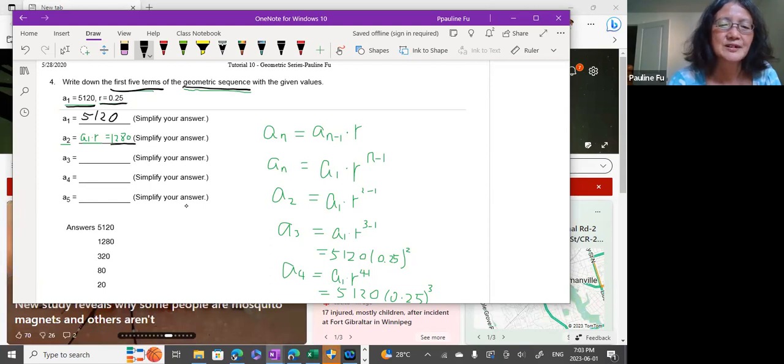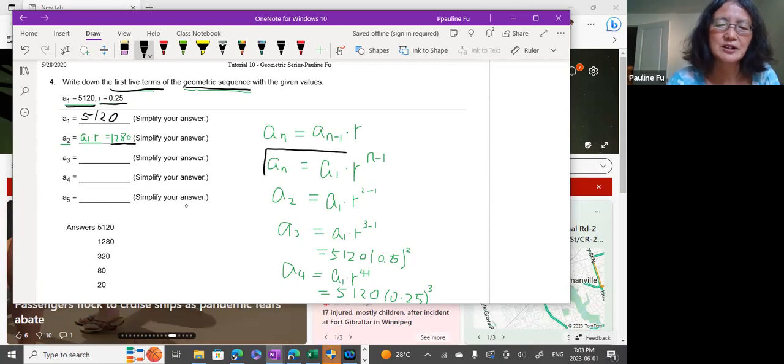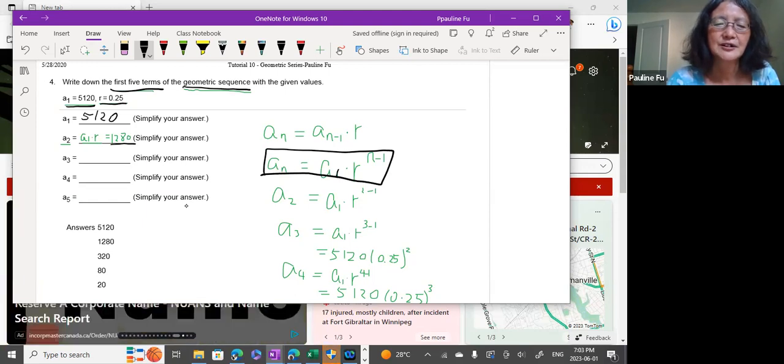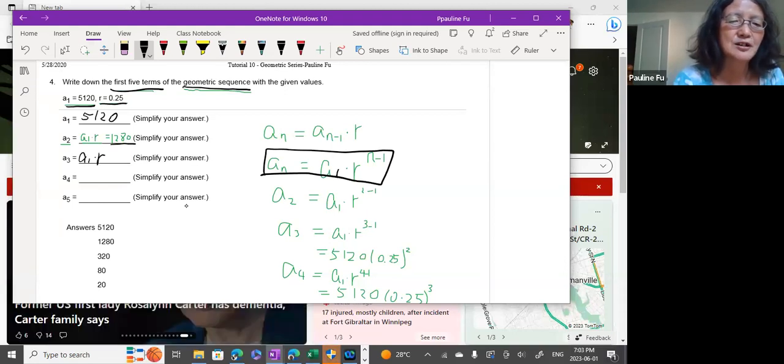Okay. So next, you calculate A3. A3, you can use this formula. A3 equal to A1 times R raised to power 2.